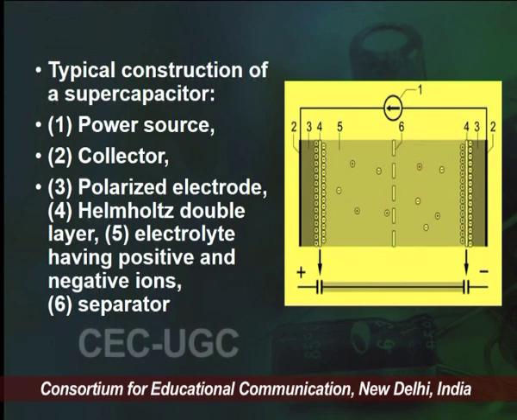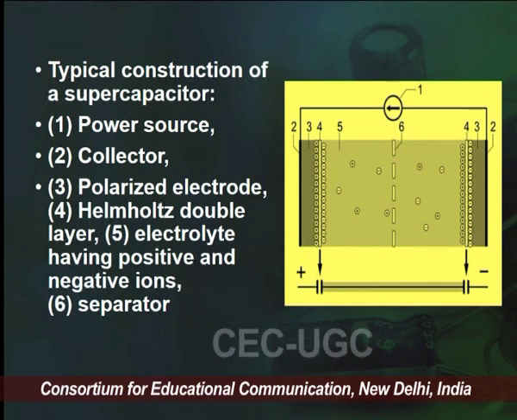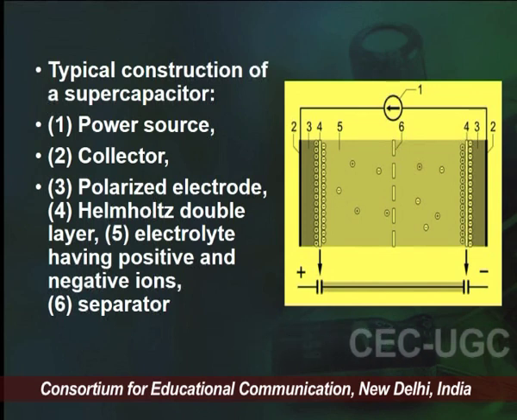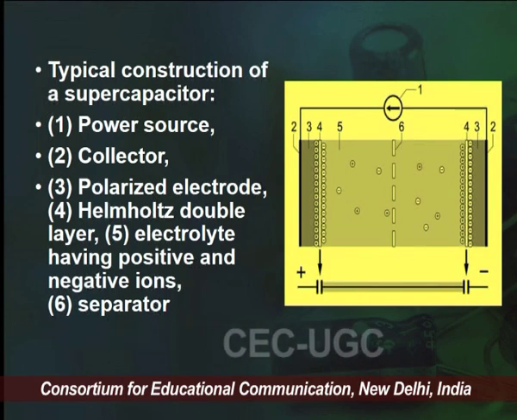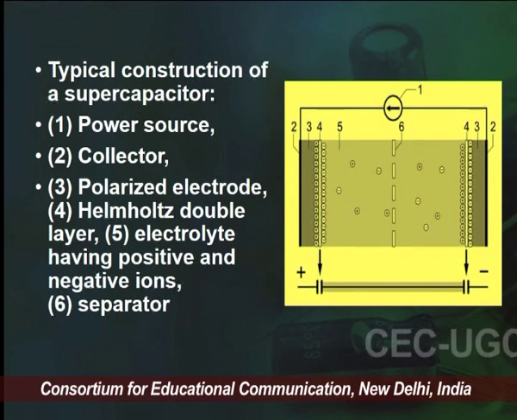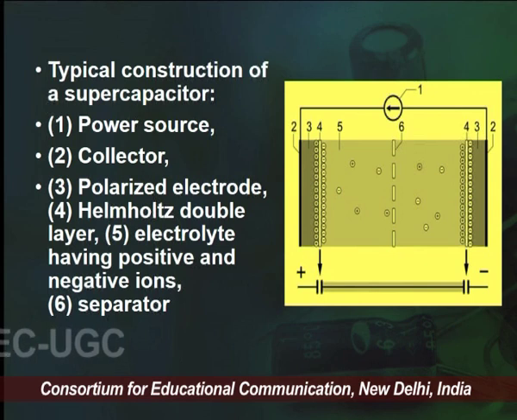Number 2 is a collector, on both the left and right sides. Number 3 is a polarized electrode. Just near the collector we have the polarized electrode, and these electrodes are connected with the Helmholtz double layer on both sides. You see 4 there.